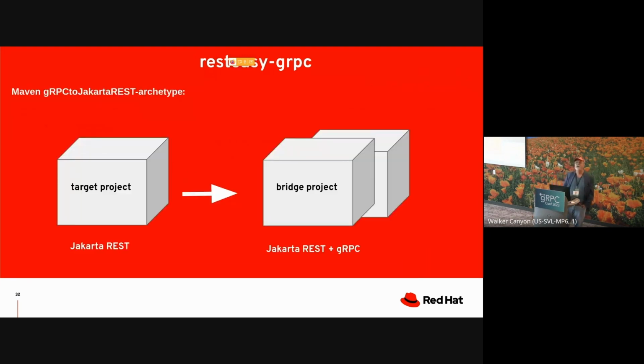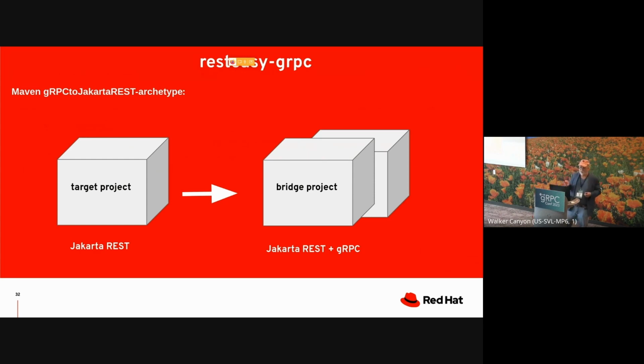So here's what this is about. We're starting with an existing project I call the target project, and we build around it a new project. It contains the old project, but it has the classes that we need to do that translation from the gRPC world into the Jakarta RESTful world.